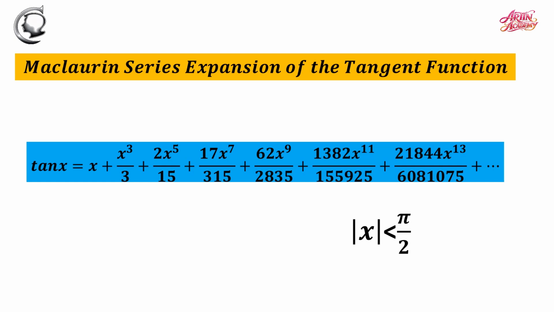But where does this complicated sequence of coefficients come from? Let's derive it from first principles.